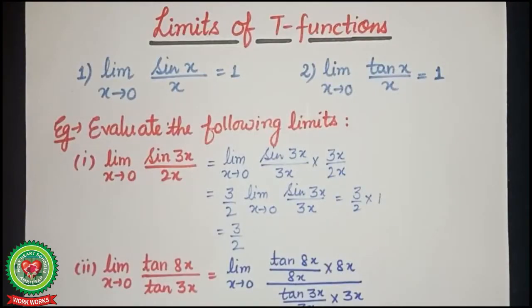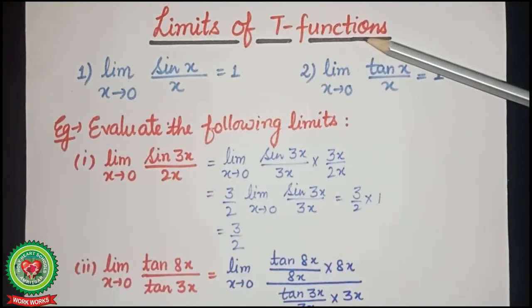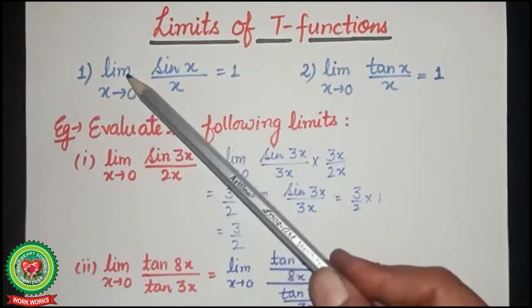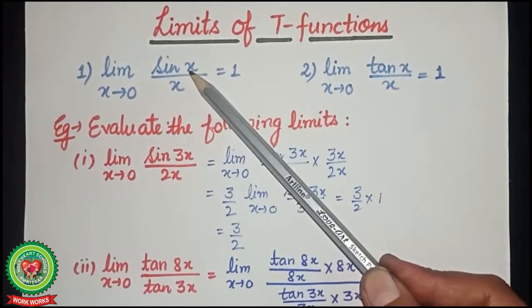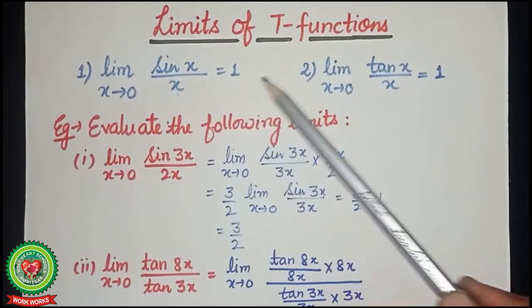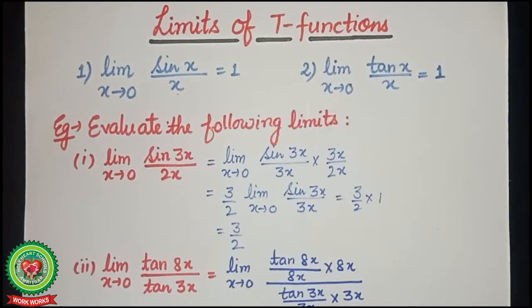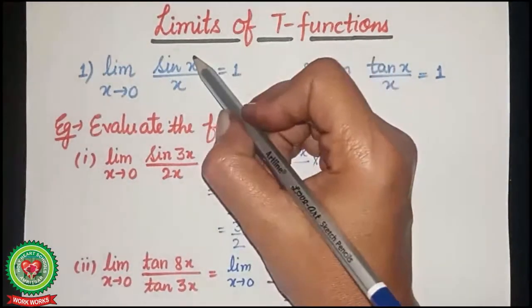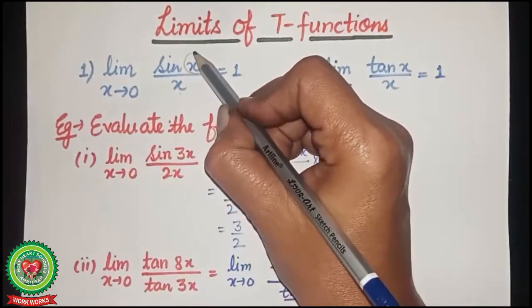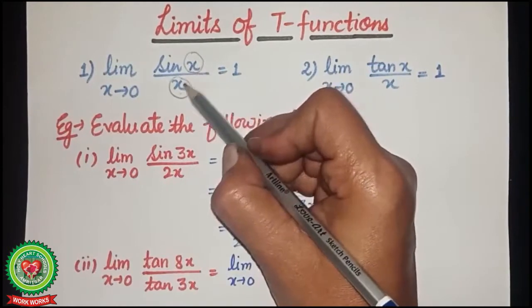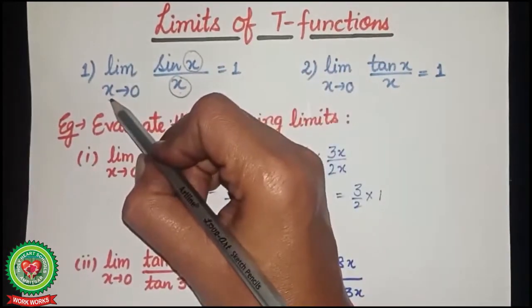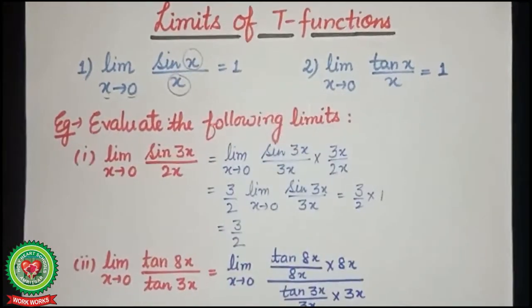We have two formulas to remember in the case of trigonometric functions. First is the limit as x approaches 0 of sin x upon x is equal to 1. Here you have to remember that the angle of the function and the term in the denominator should be the same, and x must approach 0.